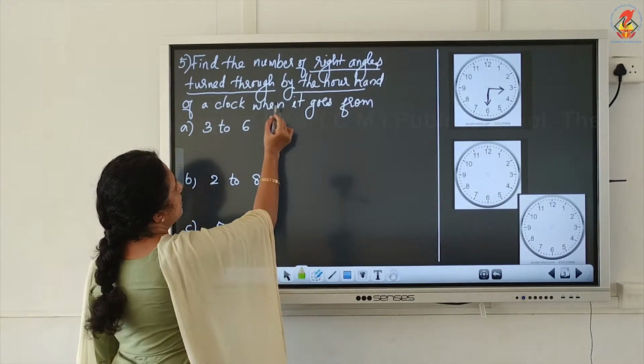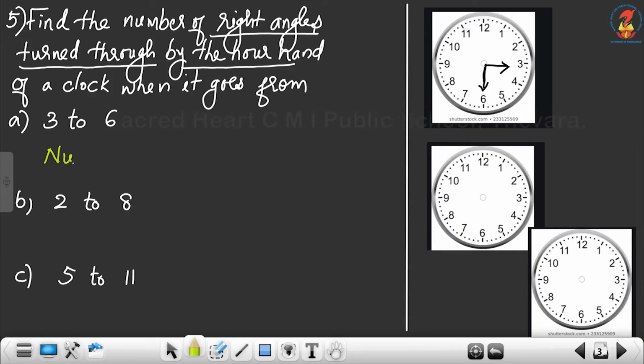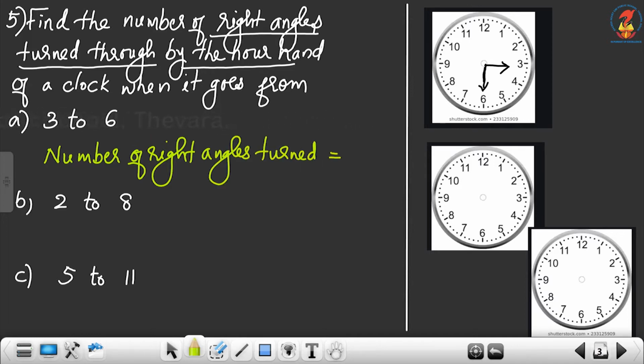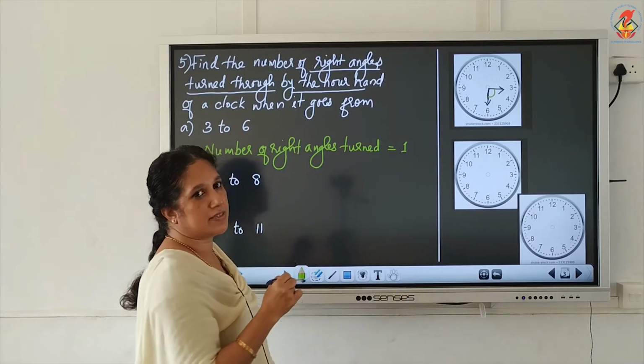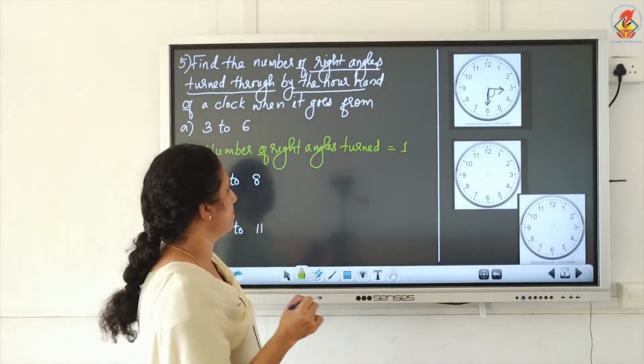So you can see the number of right angles turned is equal to 1. It turned only one right angle. The angle turned is a right angle.